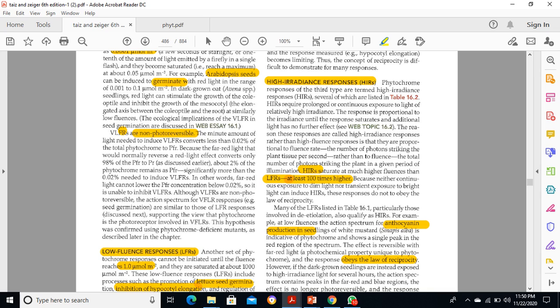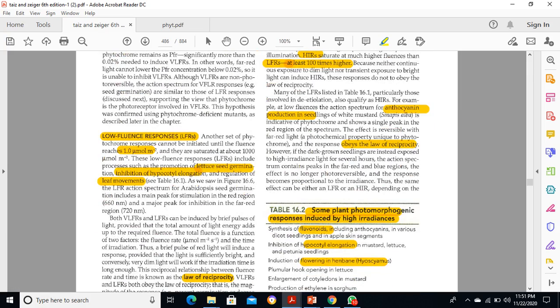It is the same as dim light exposed for a long time. Once more I will explain. Bright light exposed for a few minutes executes certain responses. So this response will be similar to dim light exposed for a longer time. So this is called the law of reciprocity. So in the case of VLFR, the law of reciprocity is applicable.